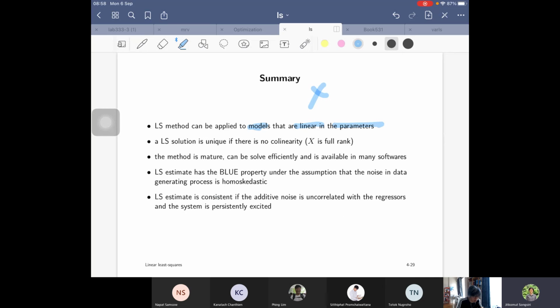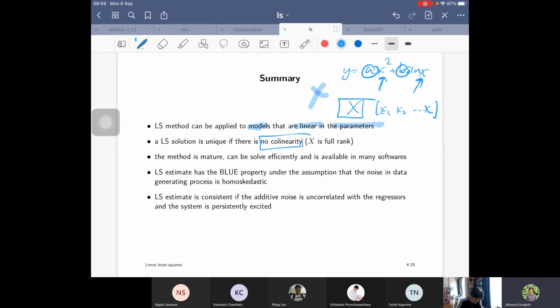You can have a model that is nonlinear in the predictor, but as long as it's linear in the parameter, you can just use the least square framework to estimate the parameter. A least square solution is unique if X is full rank. In terms of statistics, that means there is no collinearity, and the columns of X must all be independent.